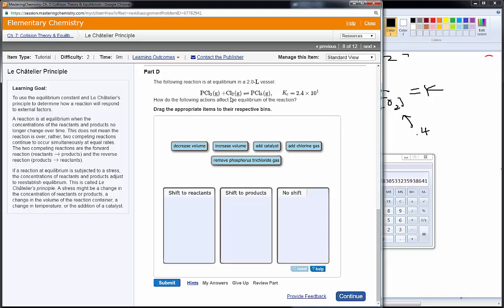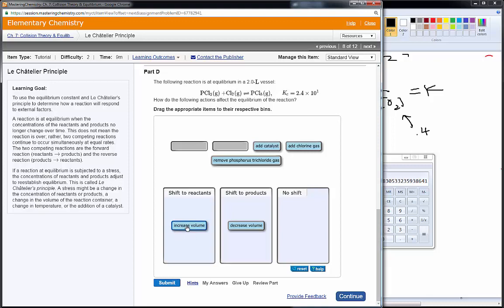So 2 moles of gases on the left, 1 on the right. I have less space for gases. So I'm going to move towards products because there's fewer gas molecules that take up space in that case. And the increase in volume would do the opposite, shifting to reactants, because I've got more space for my gases on the reactant side.